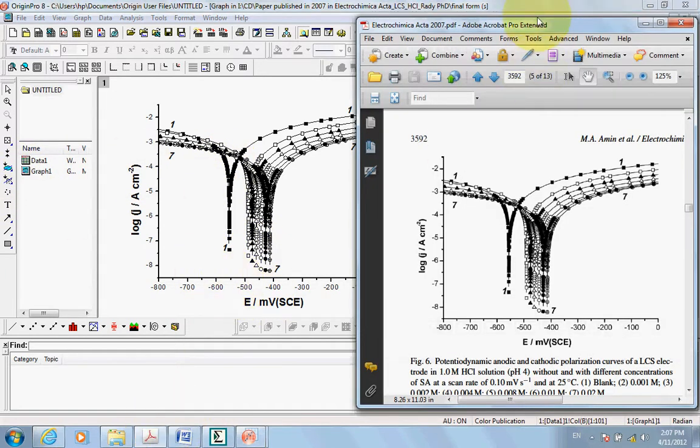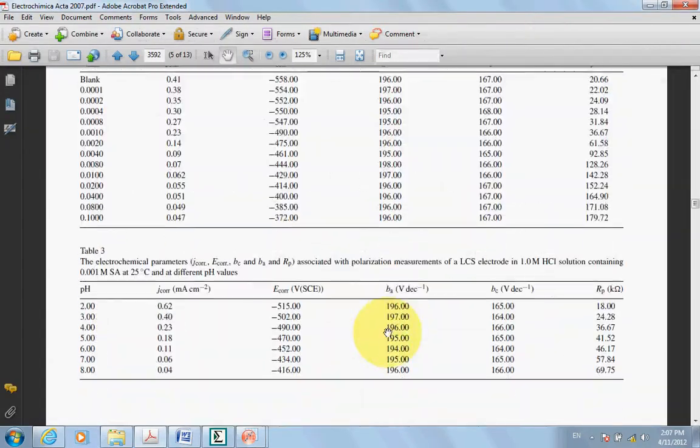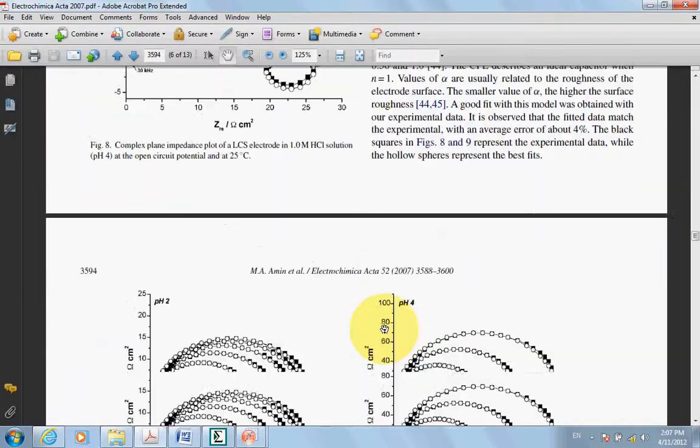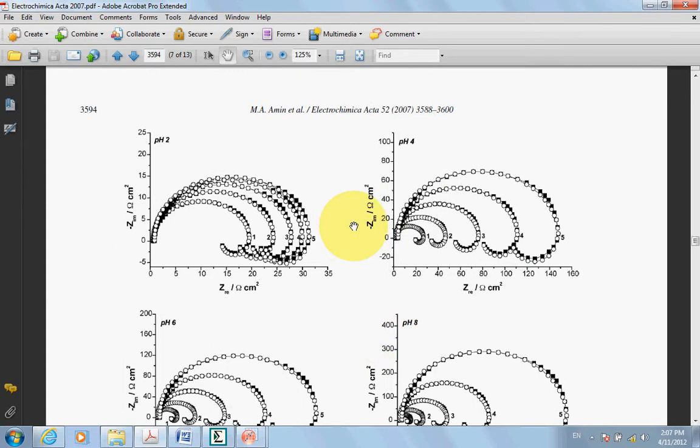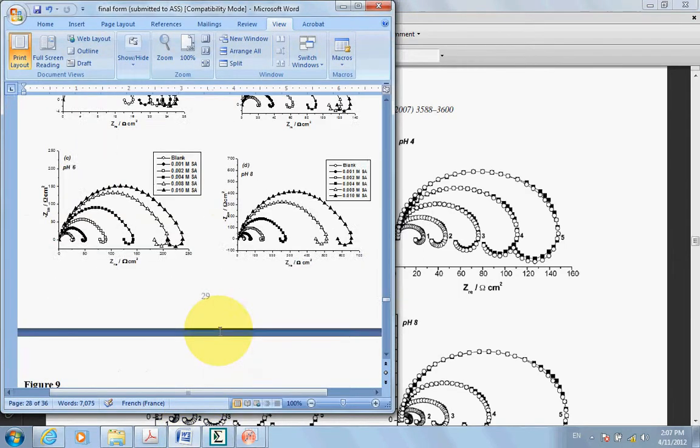If you go back to the article again and look at another technique, for example electrochemical impedance spectroscopy, as we can see here, it is very clear that one curve is multiplied by a constant to get the other curves. We can confirm that if we open one of these files.